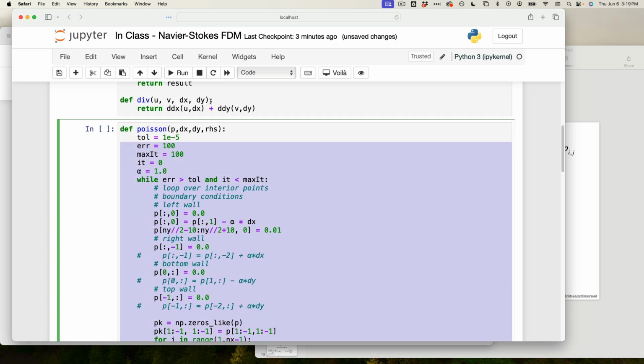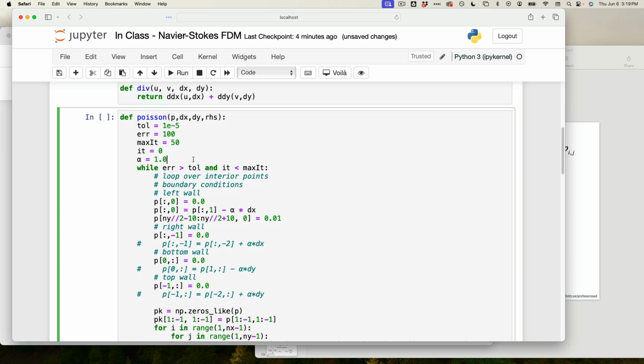All right. You set a tolerance and an initial error, a maximum number of iterations, an iteration counter, and we had this alpha or beta for successive over-relaxation. Let's call it beta. And we looped over the interior points. Now, for this problem, we are going to have Neumann conditions except at the top wall.